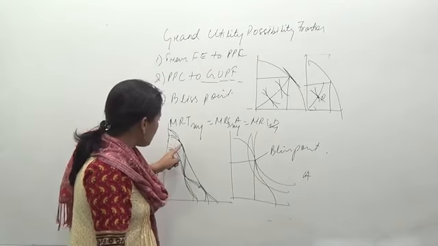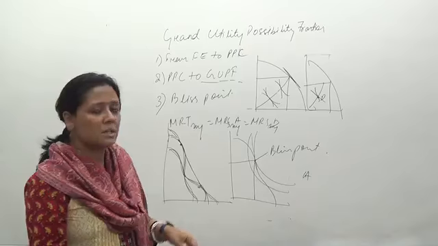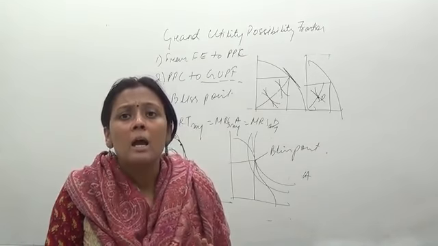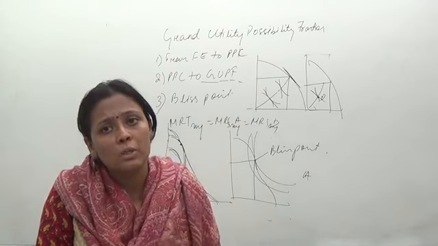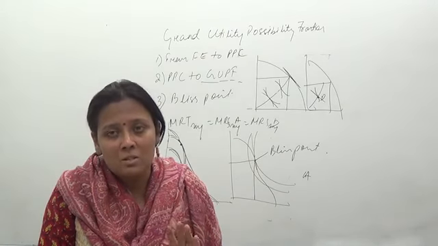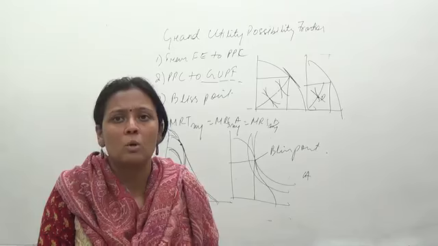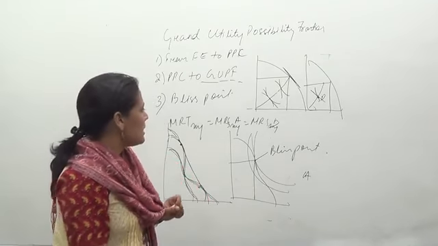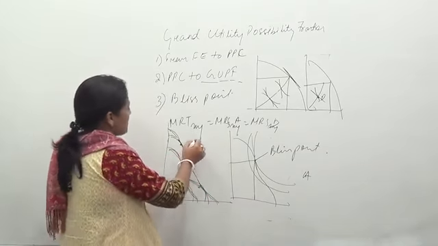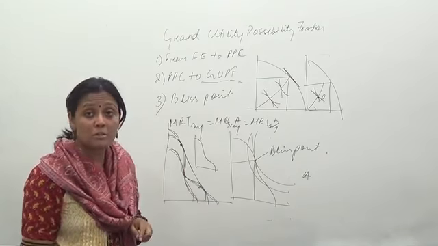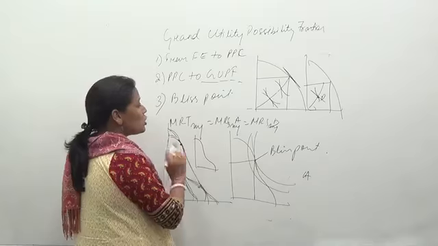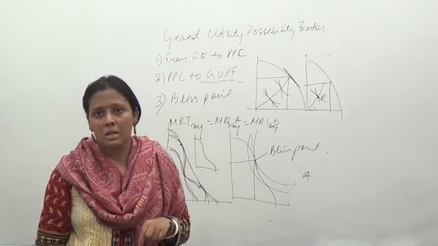So now we have the ultimate distribution of the commodities, that is, the best distribution of the commodities. Now in this ideal solution, the grand utility possibility frontier, has to be consumed optimally by the consumers.